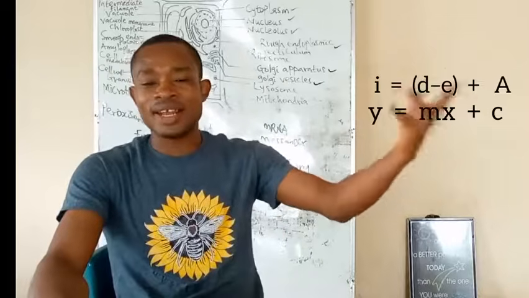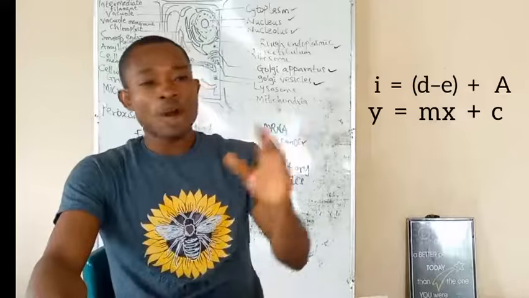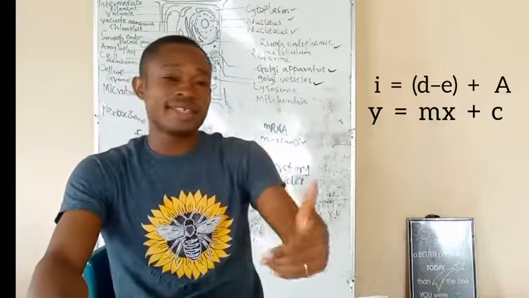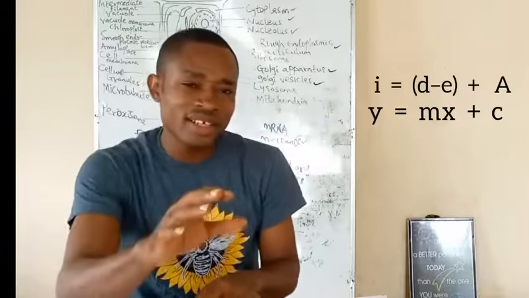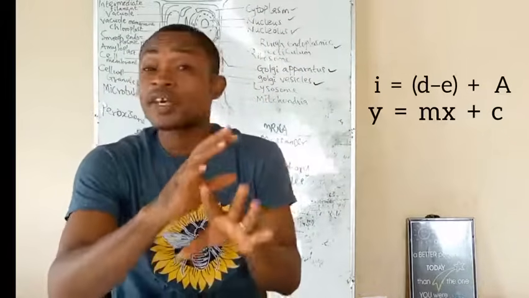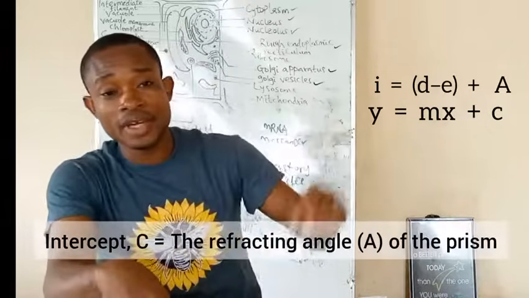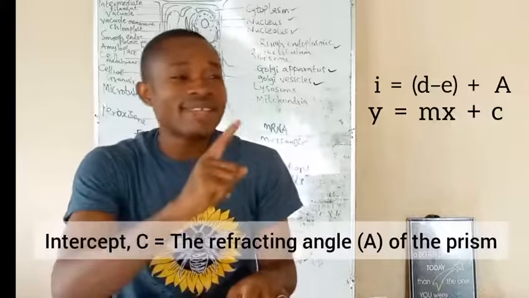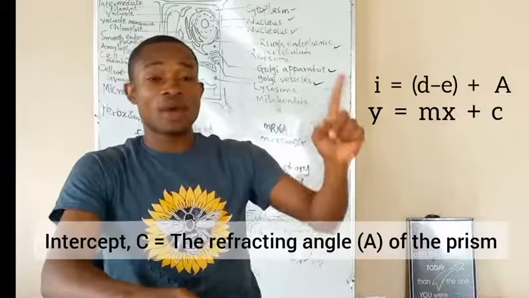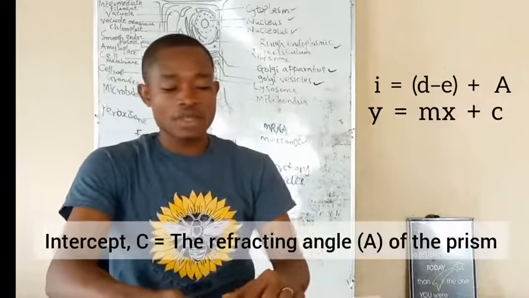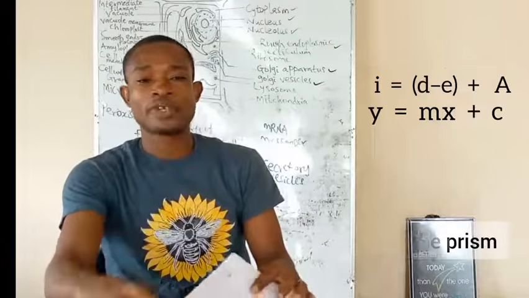Now let us look at the last part of the equation of a straight line, which is c. Comparing it to the theory guiding this graph that was plotted, I against D minus E, you see clearly that our c, which is representing intercept in the equation of a straight line, is equal to A. That A in that equation, I equal to (D minus E) plus A, is called the refracting angle of the triangular prism.